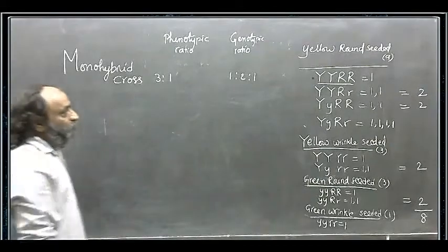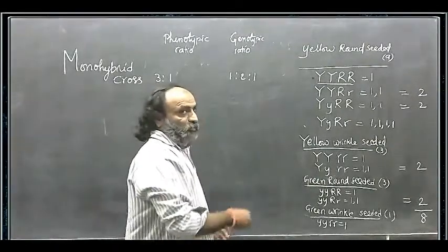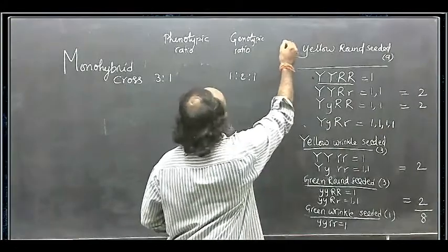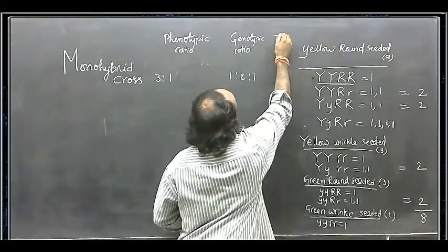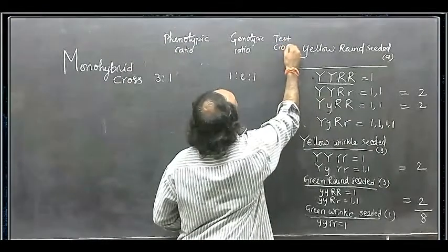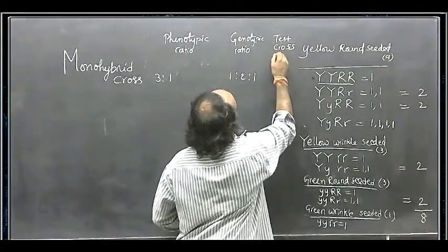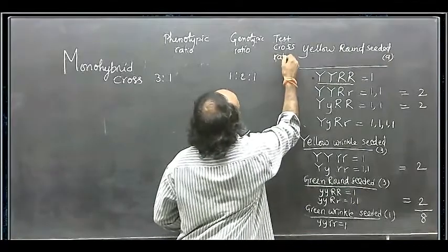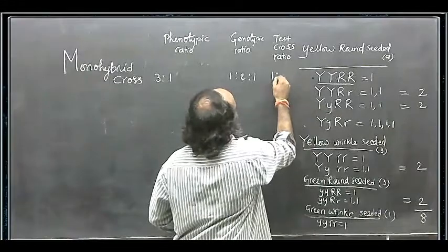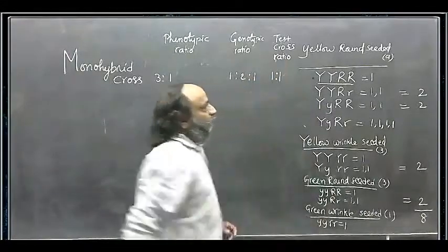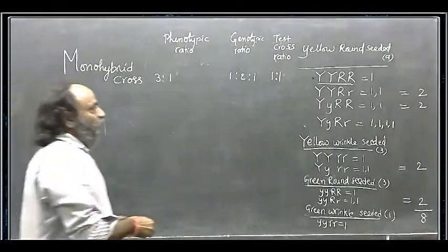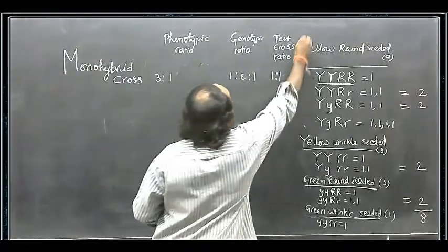For a monohybrid cross, the test cross ratio is 1:1. 1:1 is the test cross ratio for monohybrid cross.